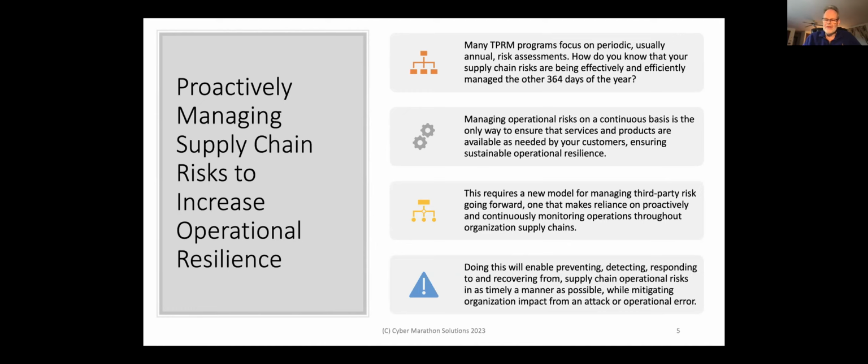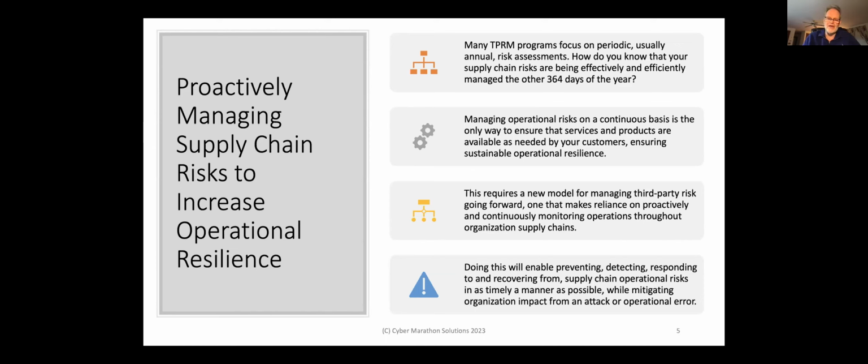Now, one of the things that is not as appreciated as I believe it should be is the fact that over half of the security incidents that we have in our organizations are the result of a compromise that occurs at a third party.